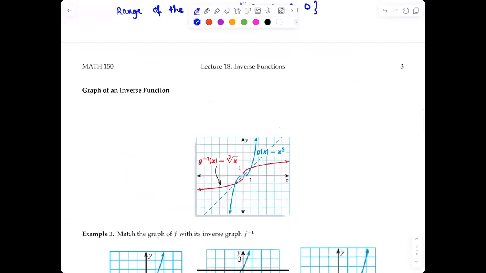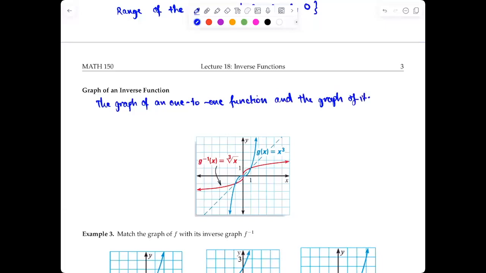Now we're going to move on to graphs of inverse functions. The graph of a one-to-one function and the graph of its inverse are symmetrical with respect to (WRT) the line y equal to x.